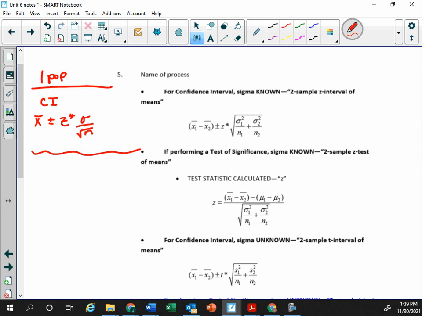When you were doing a hypothesis test, remember we would find a z value. We had a formula for this, x bar minus mu over sigma over square root of n. Hopefully that's familiar. That is when you knew sigma, you could do a z test.